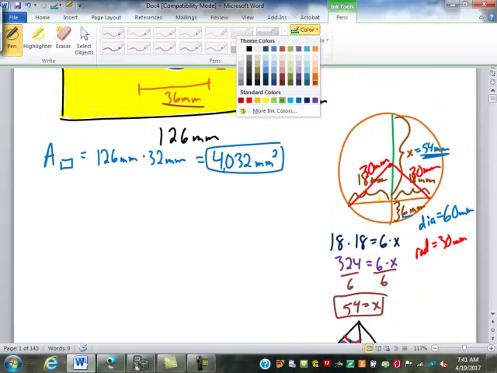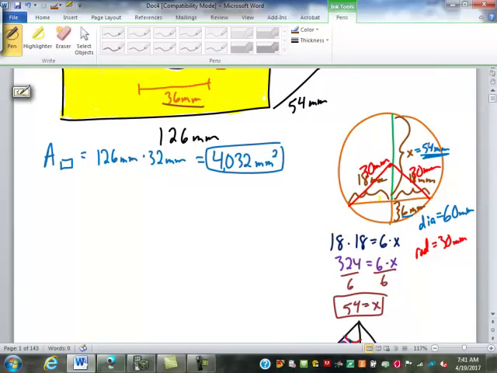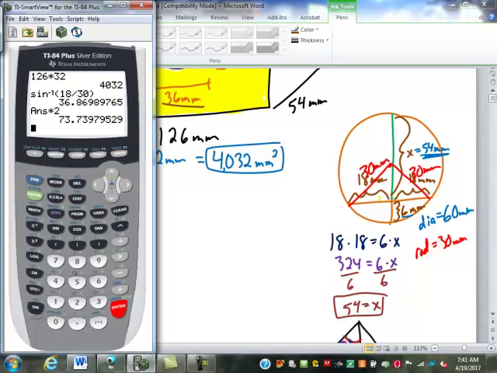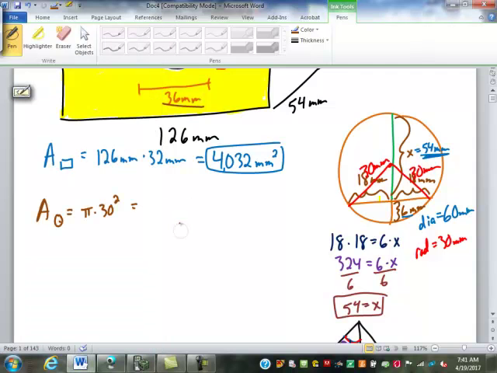So we're going to find the area of the whole circle now. To find the area of that sector, we start out by finding the area of the whole circle. Pi times radius of 30 squared. 2,826 millimeters squared is the whole circle.